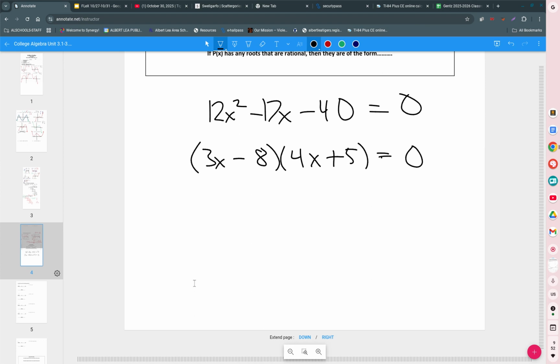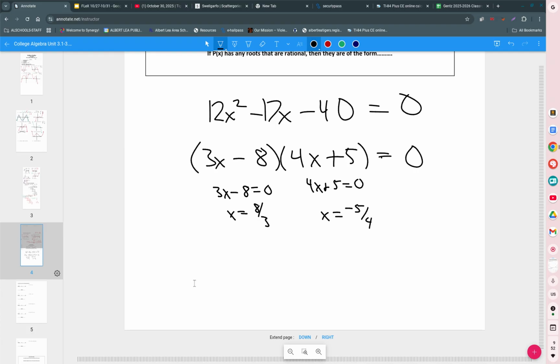When we find the solutions, you set up 3x minus 8 equal to 0 and 4x plus 5 equal to 0, right? When I solve, I get x equal to 8/3. And when I solve this one, I get x equal to -5/4.